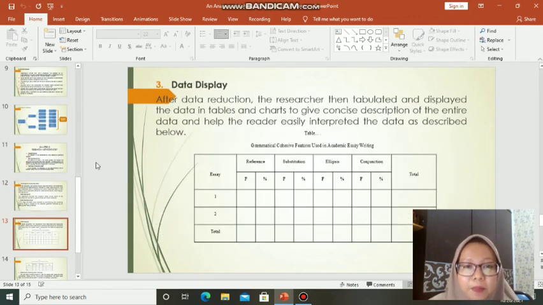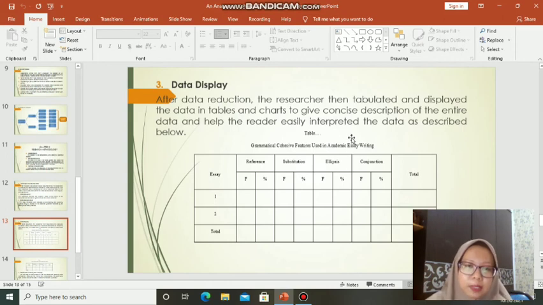And then data display. After data reduction, the researcher then tabulated and displayed the data in tables or charts to give a concise description of the entire data and help the reader easily interpret the data as described below.